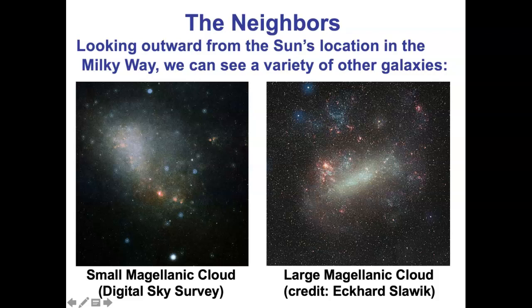And you find most dwarf galaxies orbiting around large galaxies. Not all the time, but oftentimes. Look at these things. What you notice is they don't have a nice regular shape. They don't have a nice orderly regular geometry the way our galaxy does, or the way M51 does in the last lecture.